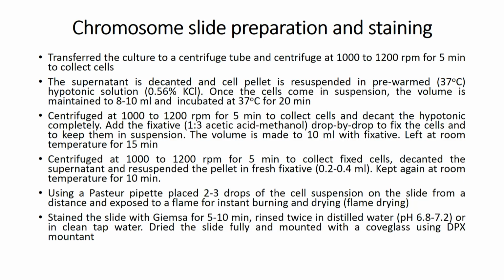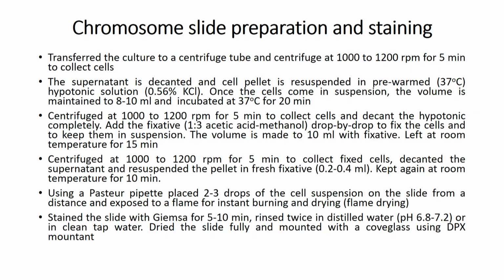Always one change of fixative is very good, because when we fixed the first time after hypotonic, some of the hypotonic drops remained in the tube, and it is not that the aqueous solution is totally gone; some of the aqueous part remains with the fixative. If we do a second fixation, water will be totally gone and the fixation and morphology will be better.